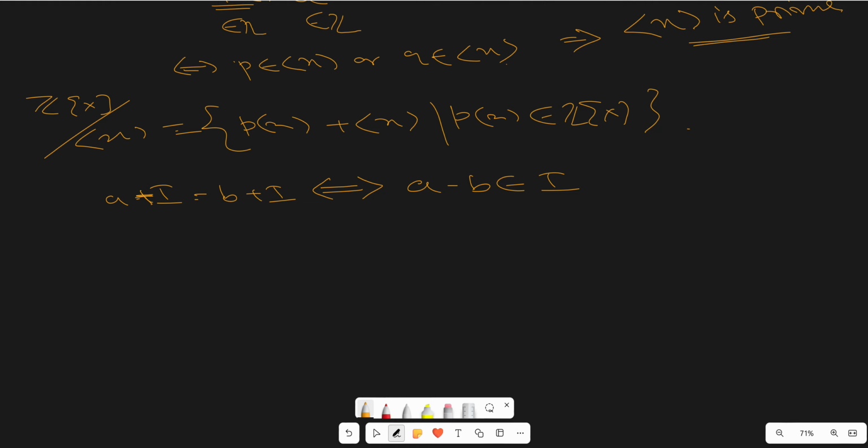And also, this is an important notion. Suppose you have an element 2 plus the ideal generated by X. This is an element in Z[X] mod the ideal generated by X. It is clear because 2 is an element of Z[X]. So what can we think about it?